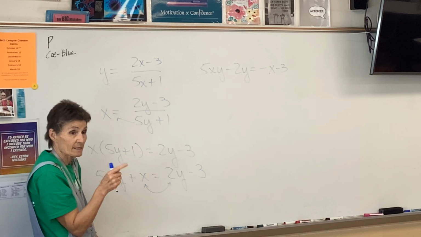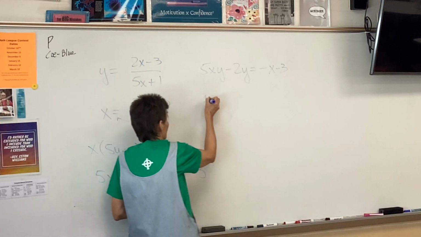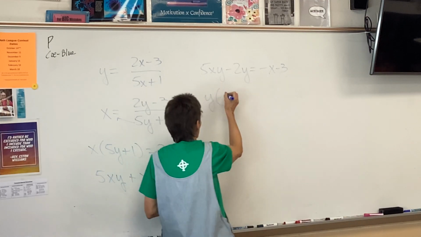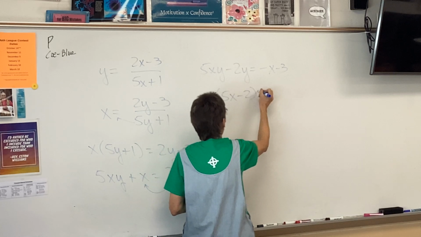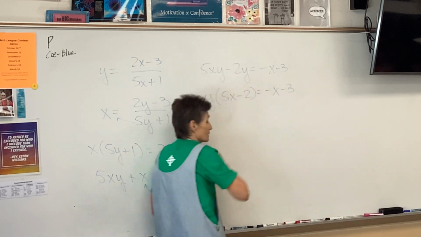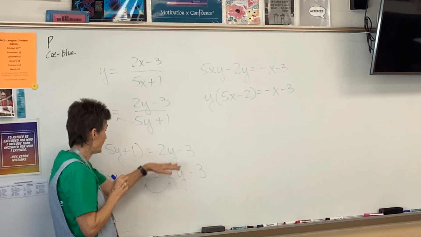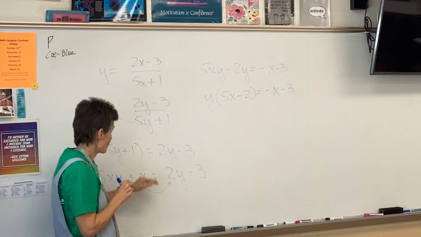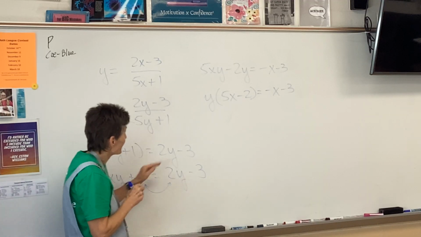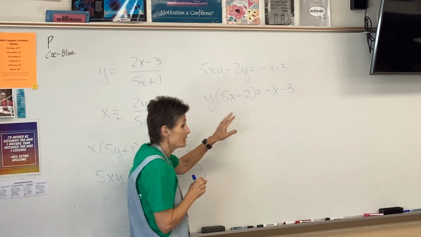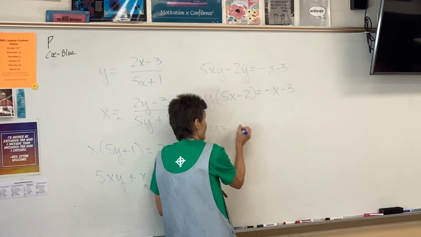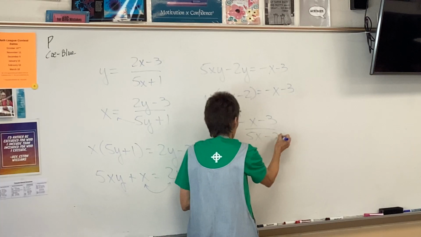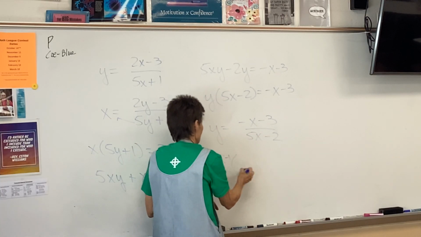My goal is to get y by itself, so look what happens. I take a y out now, and when I do, I only have one y. Eli's issue was he had two y's. So now we put the y's on the same side, factor it out. What's y equal? Exactly right. There's your inverse right there.